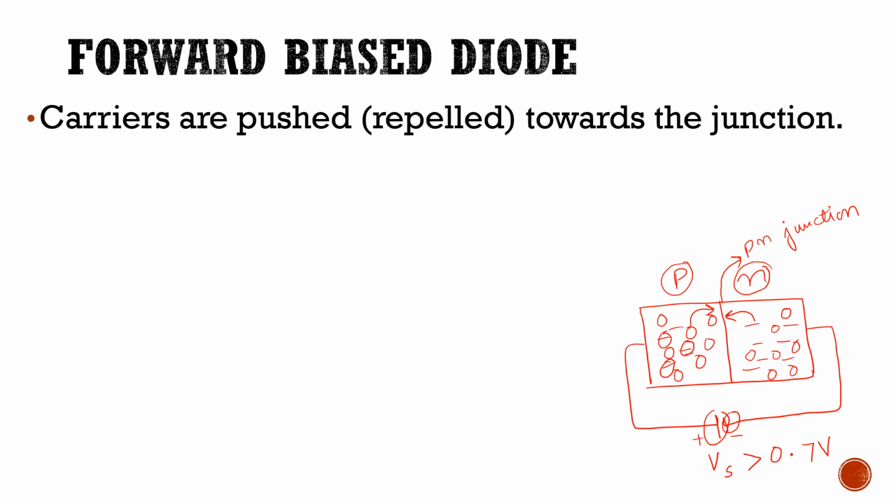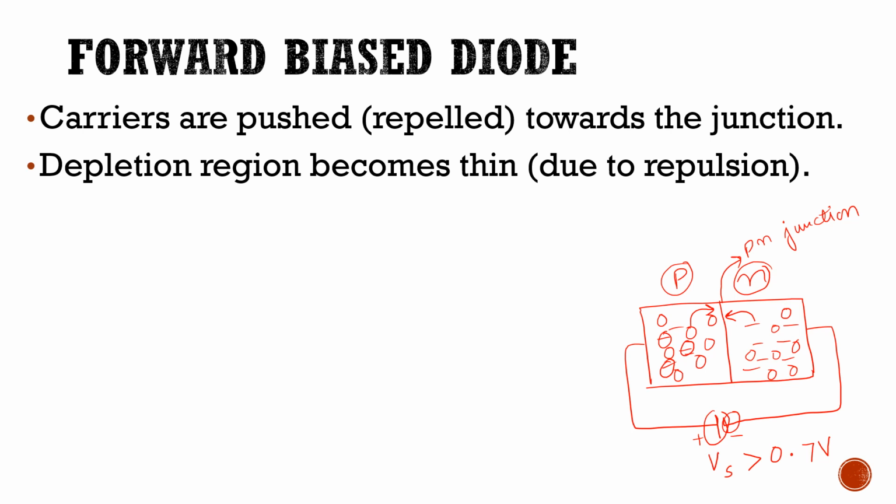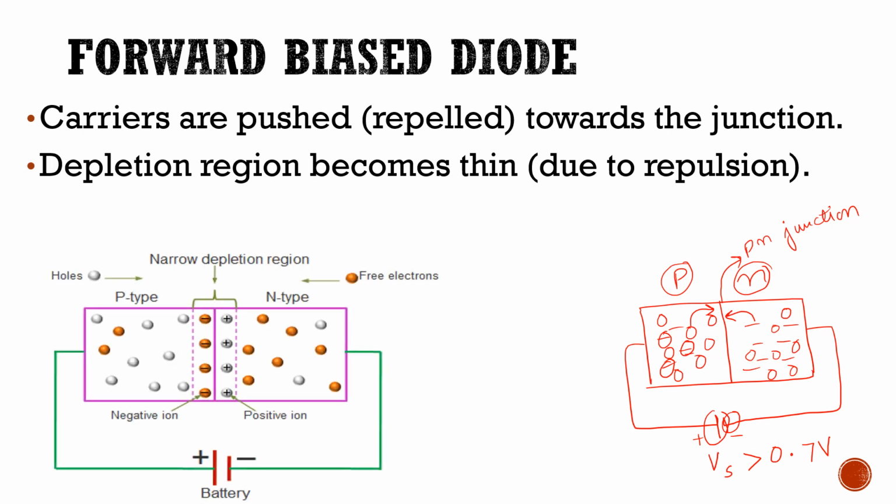As a result, the depletion region becomes thin and continuous current starts to flow around the circuit. Now look at this figure. As you can see, this depletion region becomes thin.